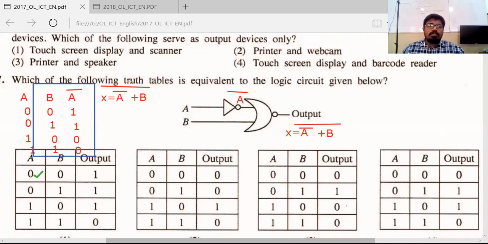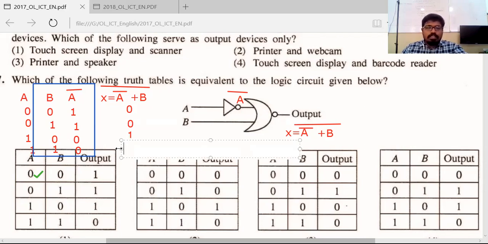So A bar plus B holding bar: 0 plus 1, 1, 1 holding bar, it will be 0. 1 plus 1, 1, 1 holding bar, it will be 0. 0 plus 0, 0, 0 holding bar, 1. 1 plus 0, 1 holding bar, 0.